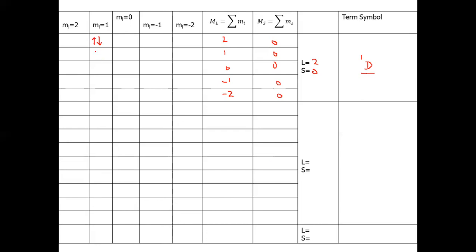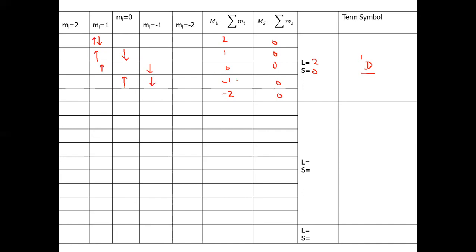Now we need 1, so keep it here as it is. Move the second electron here. So it gives you ML 1, MS 0. Now if we move it here and take it to here, this gives ML 0: 1 minus 1, 0. MS is 0 because both have opposite spin. Next you keep it here and move it here.